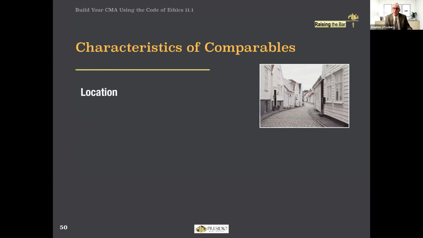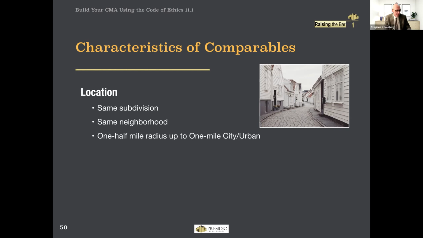So we'll chop those down to little areas and see if we can get a bit more juice on this. So location, okay, we're obviously looking at the same division, and that's the same as subdivision. And if we've got nothing in that subdivision, we may look at another subdivision that is a similar priced subdivision. Obviously, same neighborhood, we're after that. Ideally, we're after half-mile radius up to 1 mile city urban.